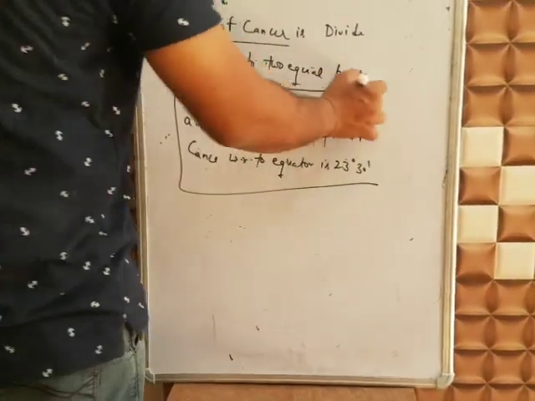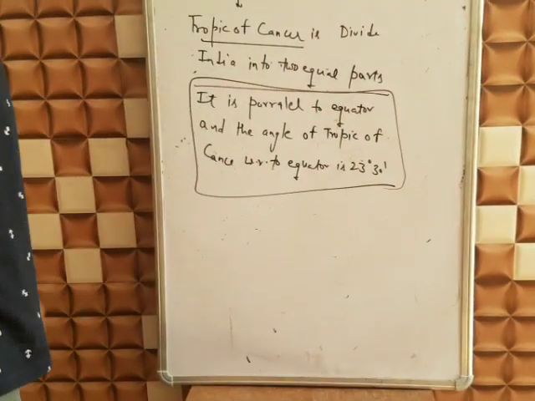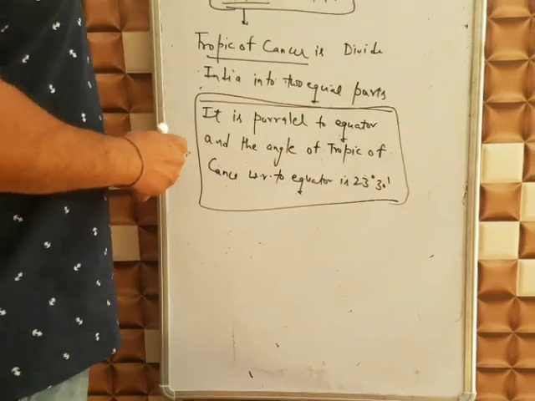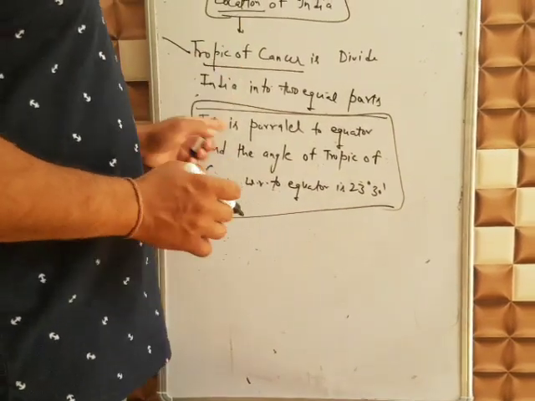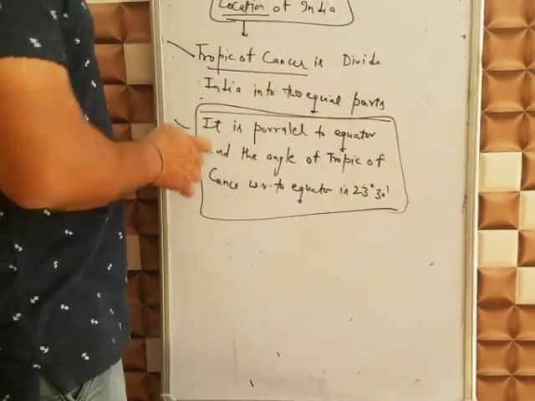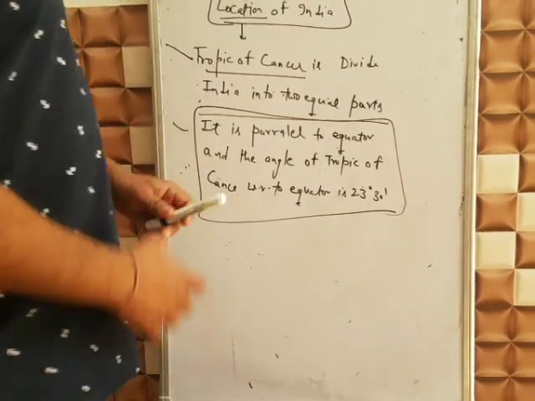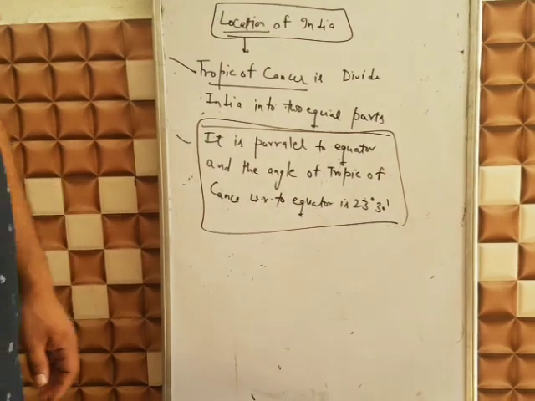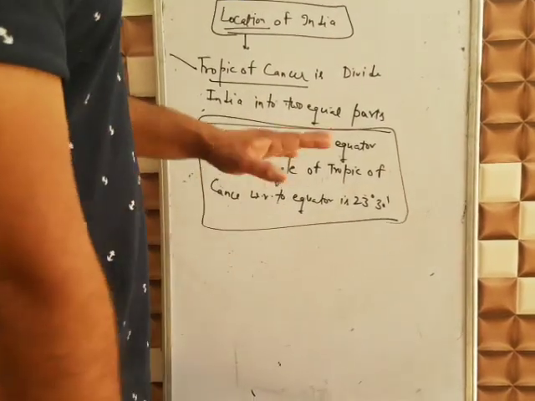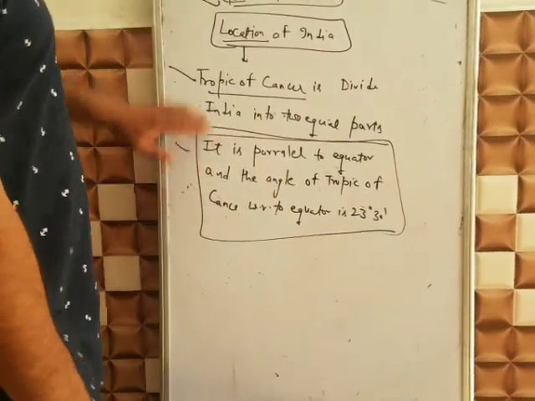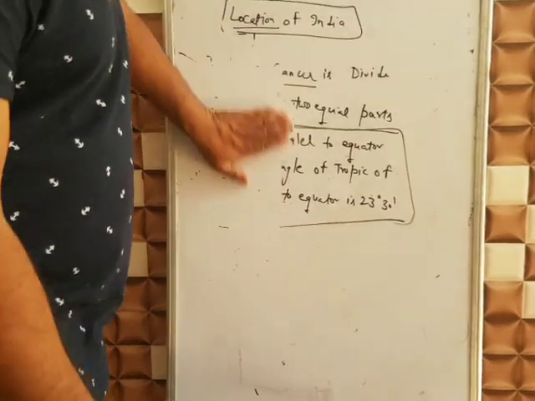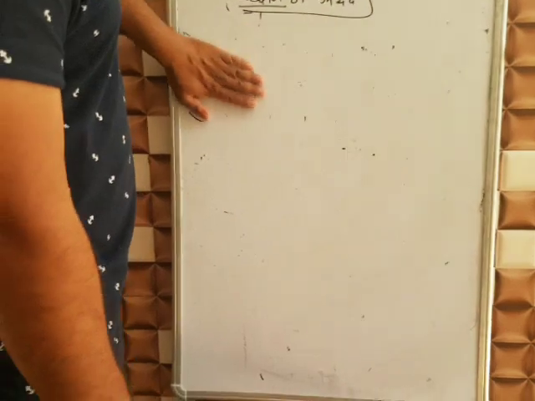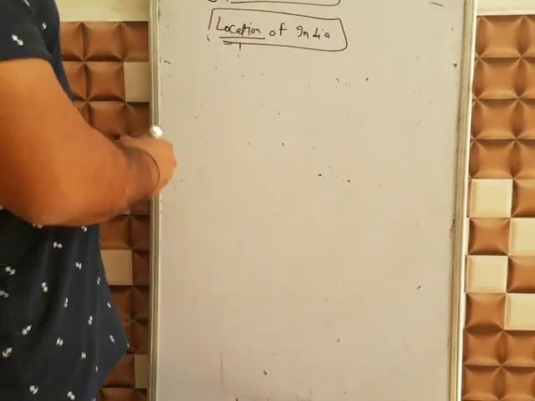We read all this in the last lecture. It is very important that the Tropic of Cancer divides India into two equal parts. It is parallel to the equator, and its angle with respect to the equator is 23 degree 30 minutes. Now, it passes through 8 states, and we learn all these 8 states.